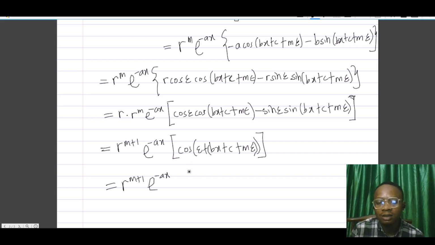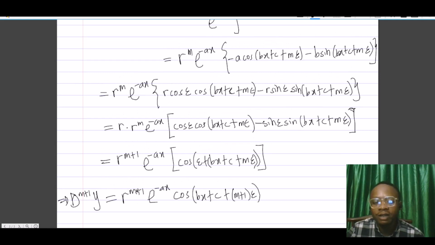So we can see this is basically cos of bx plus c plus m epsilon, then plus epsilon, that is the same thing as cos m plus 1 epsilon. So we close this bracket. So basically, this is providing that the m plus 1 derivative of y is equal to this expression.